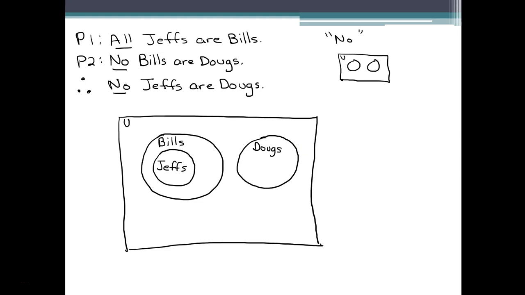Can we conclude that no Jeffs are Dougs? Why, yes. Yes, we can. This is a valid conclusion because Jeffs is safely ensconced inside of Bills, and Bills has no part whatsoever with Dougs. So Jeffs is not going to ever touch Dougs either, just because of the way it's set up. So this is entirely valid. No Jeffs are Dougs.